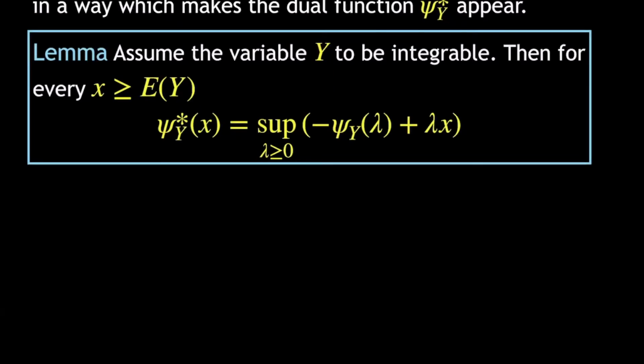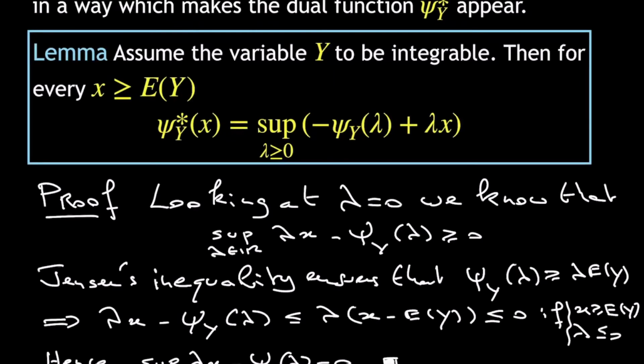If you have a random variable, if you look at x which is larger than the expectation, then the dual is equal to the sup over lambda non-negative of lambda x minus psi_Y of lambda. In other words, the sup which defines the dual here is achieved for non-negative values of lambda. It is what this lemma says.